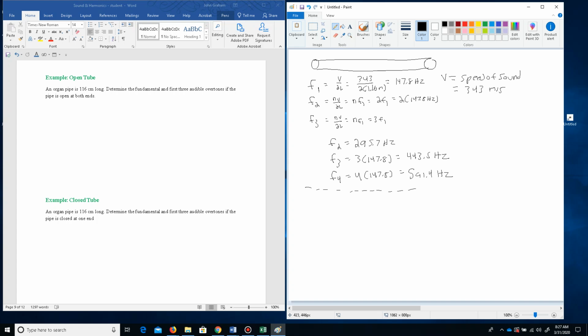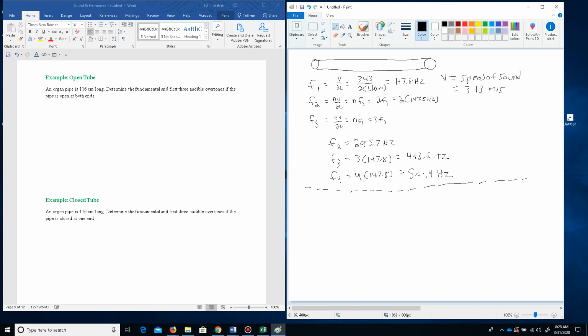Alright, so the next thing we're going to look at is when we close one end. When we close one end, we don't have the even harmonics.